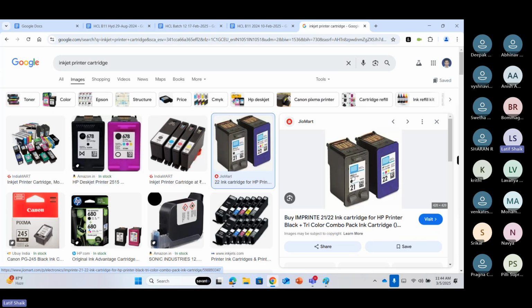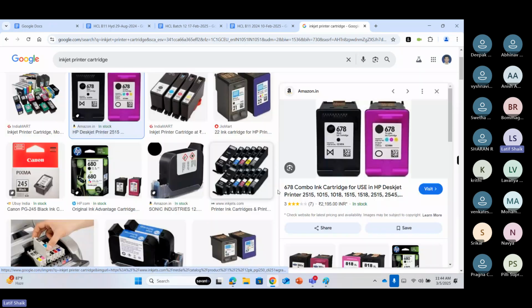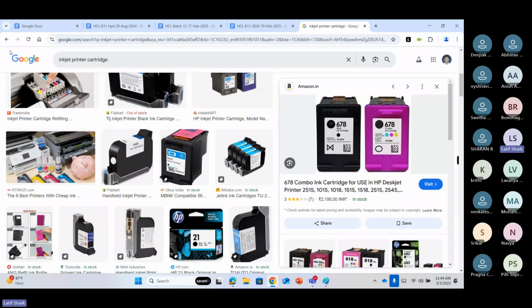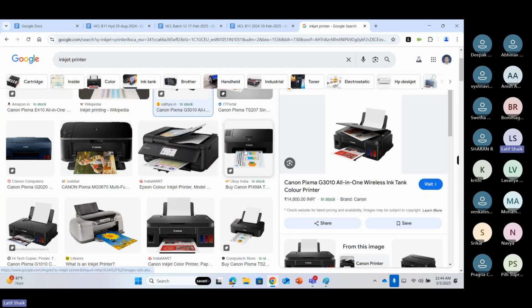This one has multiple colors: cyan, magenta, yellow. So three colors are in this cartridge box. This is for color purposes, and this is for black only. Based on your ink signal, the color is poured on the paper, so the ink trace is applied on the paper.